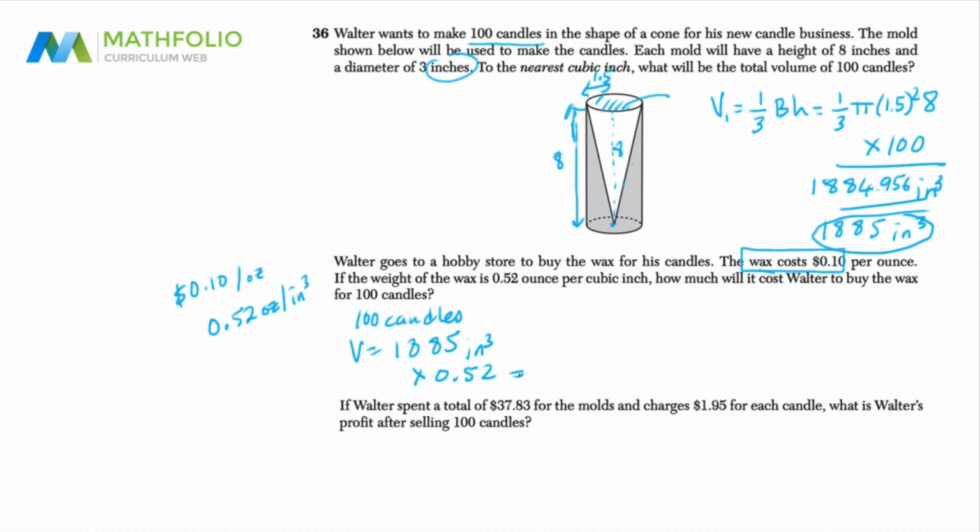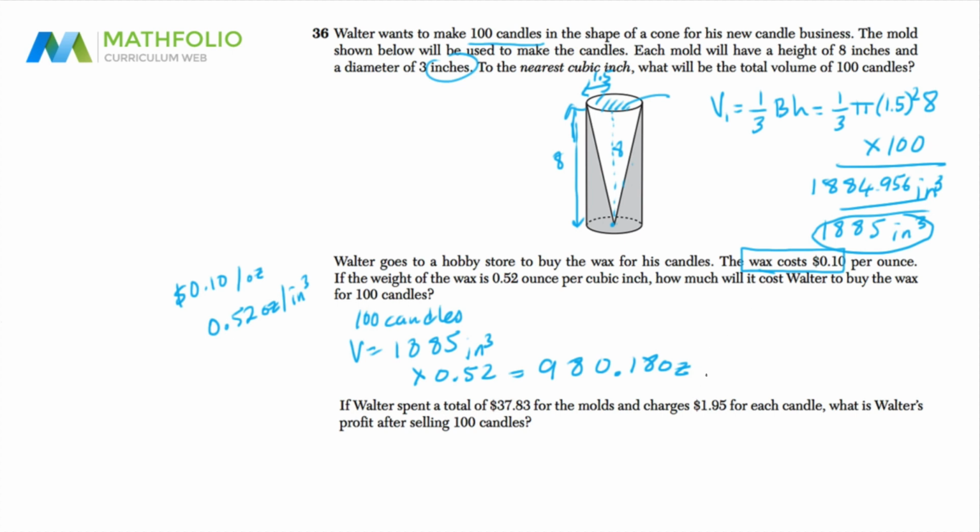So using the decimal that's on my calculator, not the rounded answer, when I times that by 0.52, I now get an answer of 980.18 if I round it a little, and that's ounces. So using the volume, we multiplied by the ounces per inch cubed, and then this is how many ounces.